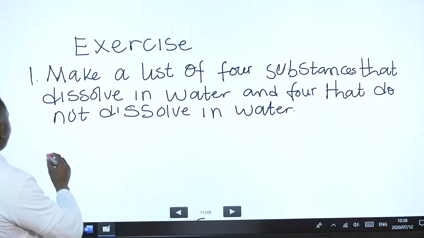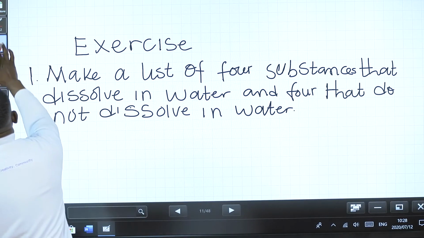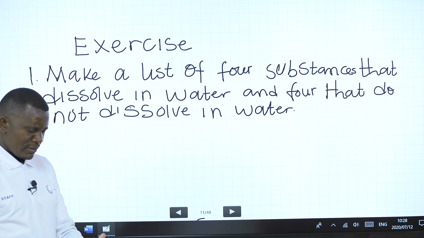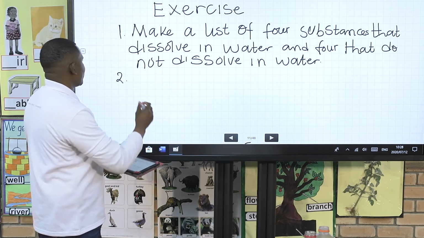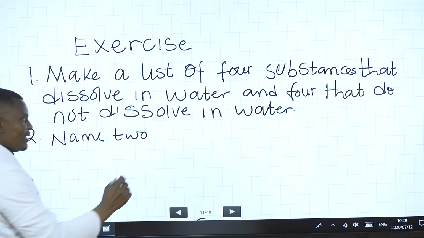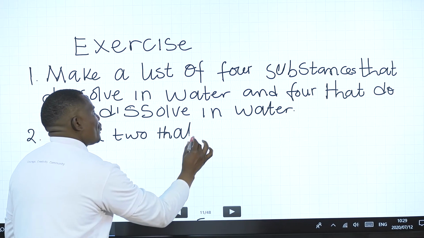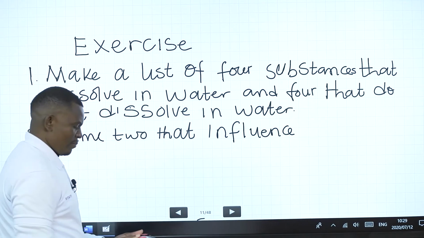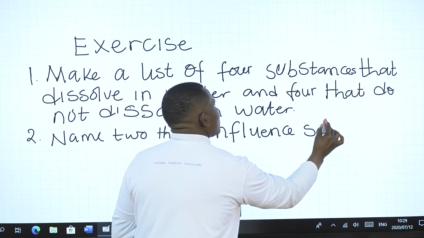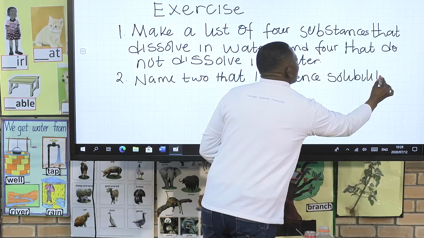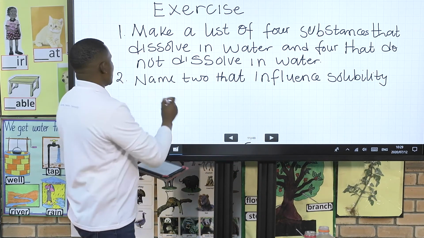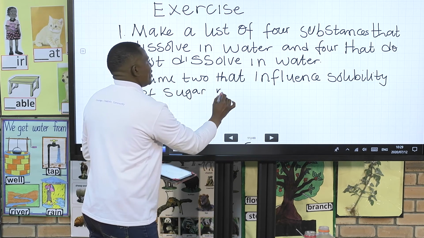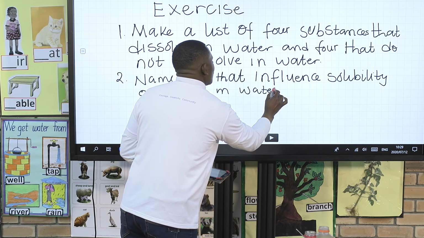And the next question, number 2, name 2 factors that influence solubility of sugar in water.